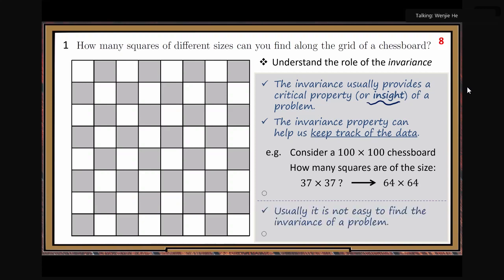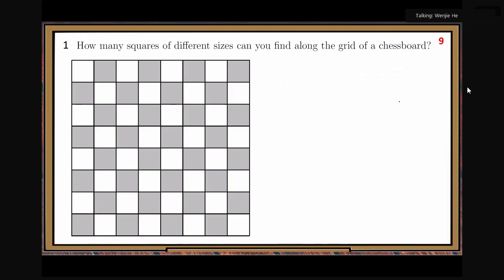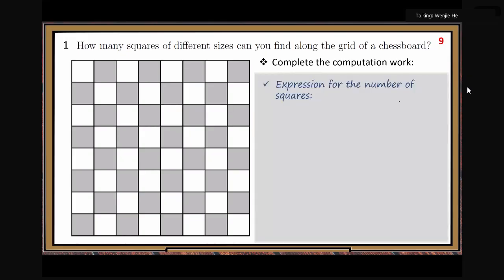All right. So after we see this point, we need to complete the remaining computation work. We need to find the answer. The answer is you add up these 64 consecutive square numbers. So you can use calculators or do it on scratch paper.